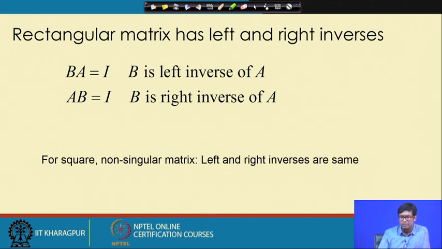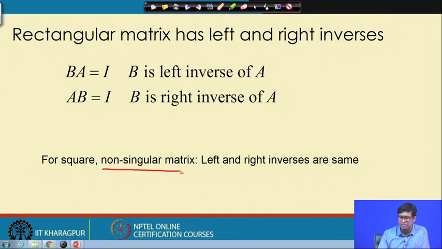But for a square non-singular matrix, which is a special case of rectangular matrix anyway, the left and right inverses must be same. The definition of existence of inverse for a matrix is that if the matrix is square, its left and right inverses are same, and then we will say that the matrix is non-singular and its inverse exists.